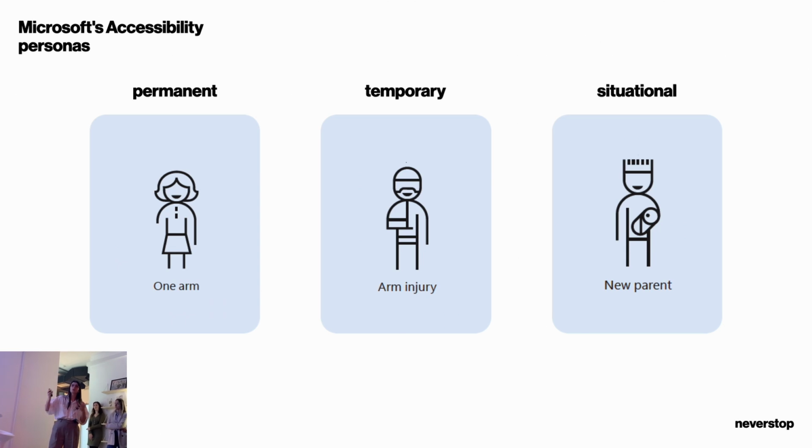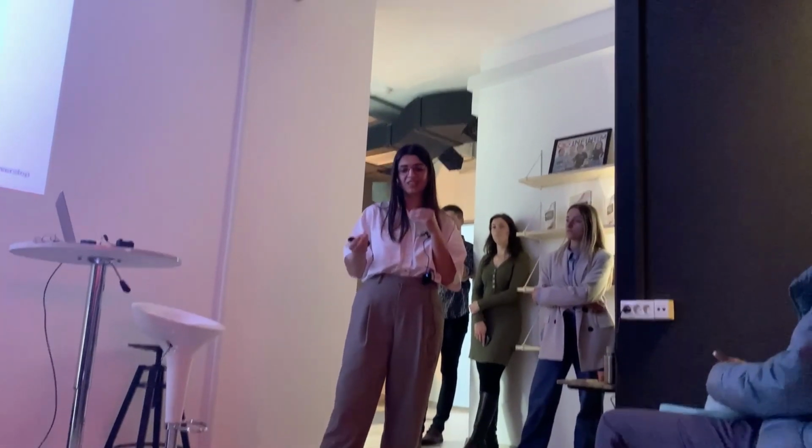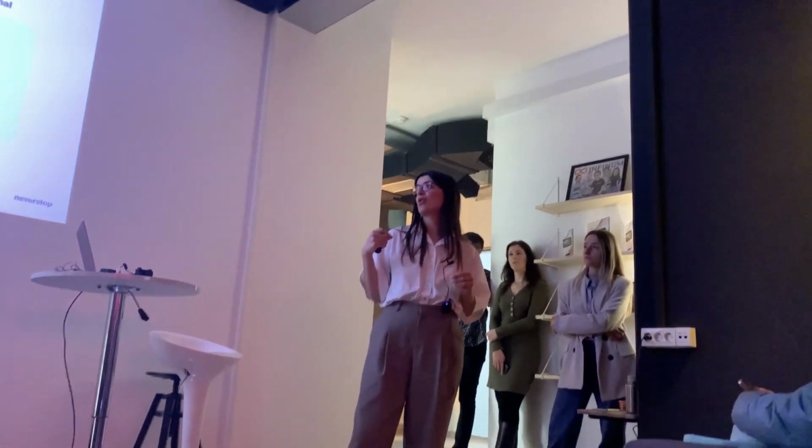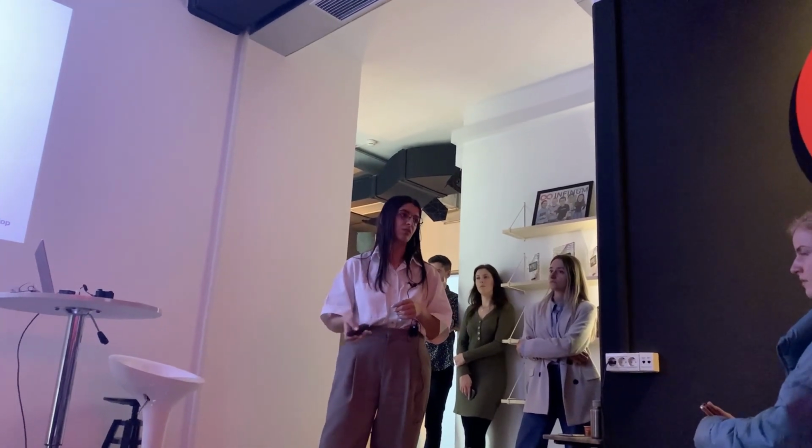And there is also situational disability where, for example, I'm currently in a shopping mall carrying some bags or a baby. So when we take this into account, we can easily see how all of the disability-aimed features are actually helping everyone.